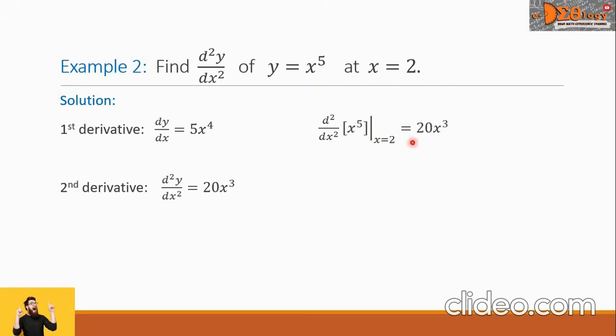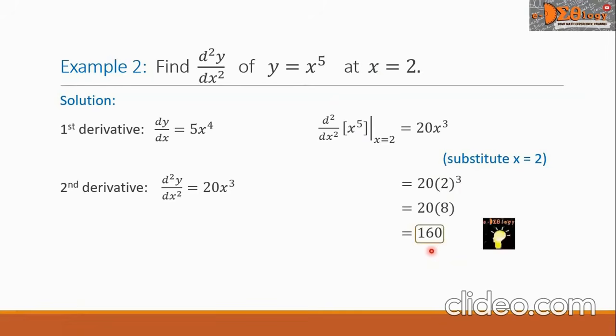So this is equal to the second derivative value, 20x cubed. Now, let us substitute the value of x equal to 2. So we have 20 times 2 raised to 3. And this 2 cubed will give us 8. And 8 times 20 is 160. This is our final answer.